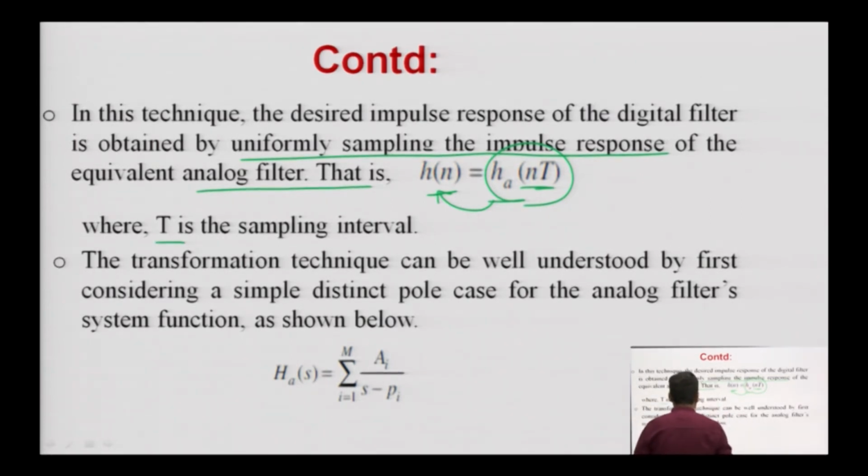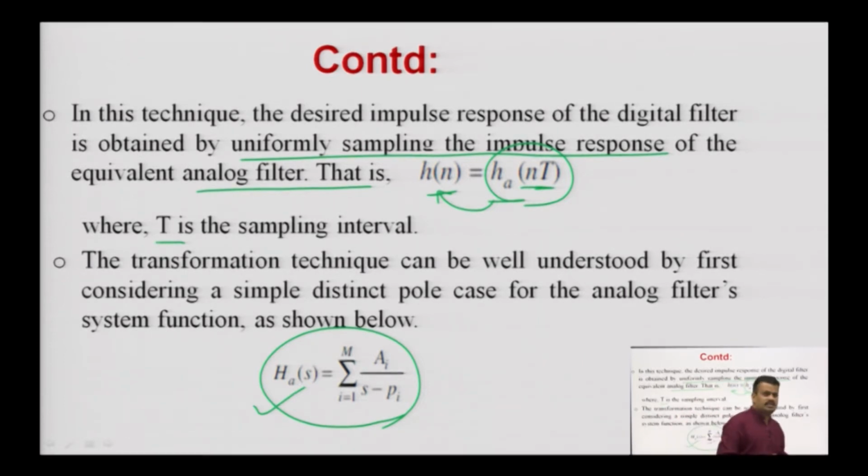Now, the transformation technique can be well understood by first considering a simple distinct pole case for the analog filter system function. So, at first, suppose for example H(s) is given to you as H_a(s) equal to summation from i = 1 to m of a_i upon s minus p_i.